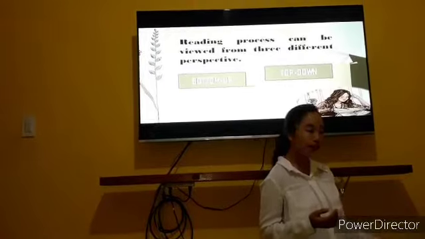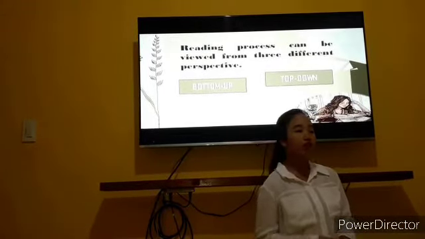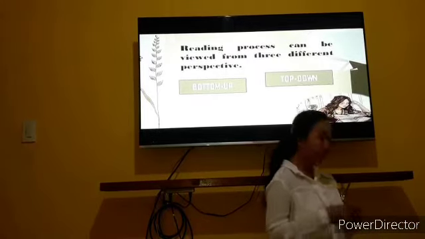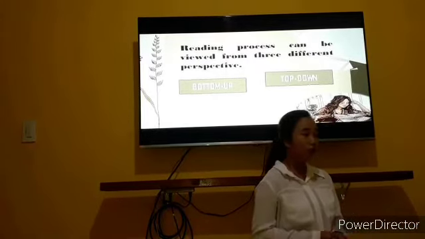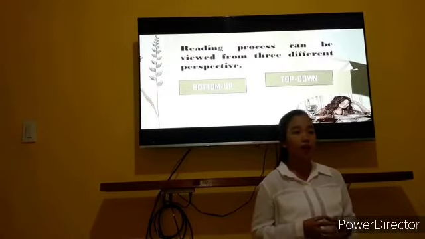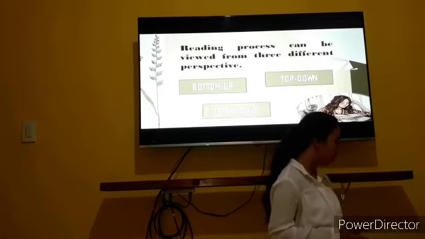Next is top down. So top down is content driven, where it emphasizes the schema and the reader's interpretation. So you can interpret a message or a text without memorizing the whole of it. Next is interactive.